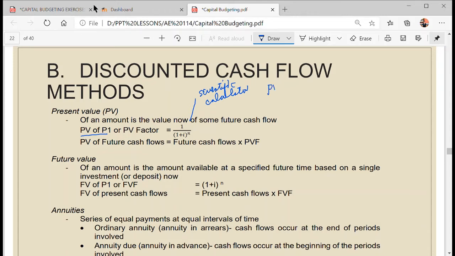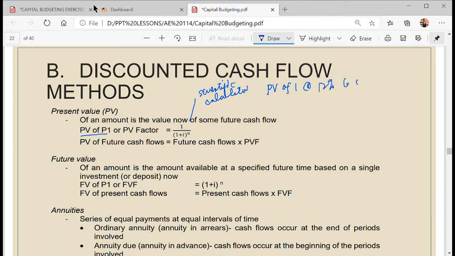So, present value of 1 at 12% for 6 years. So, saan siya pagkuha? So, kung sa scientific na siya, ipuli ra ninyo 1 plus 12%, kay I is your percent point, not 6 di 12 di 0.12, to the power of 6.